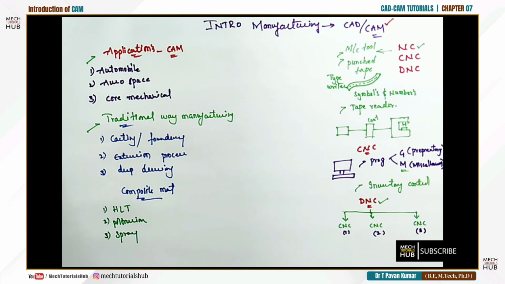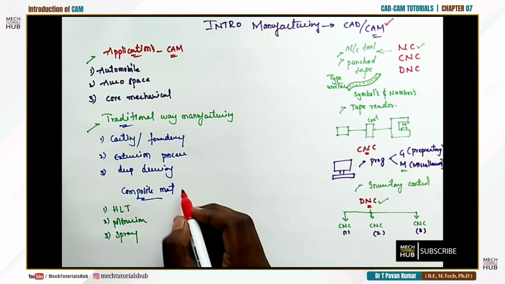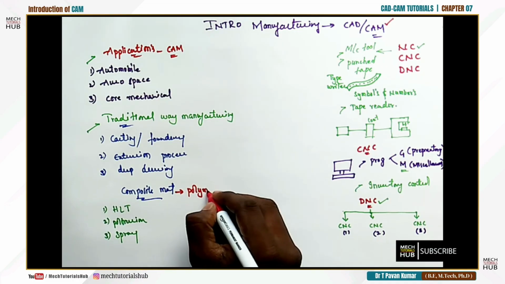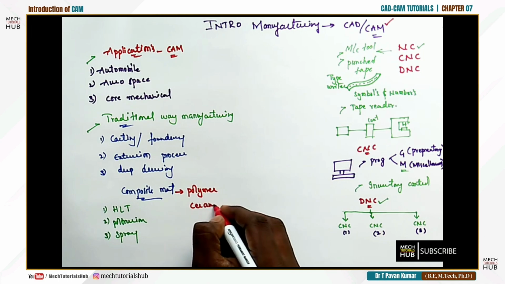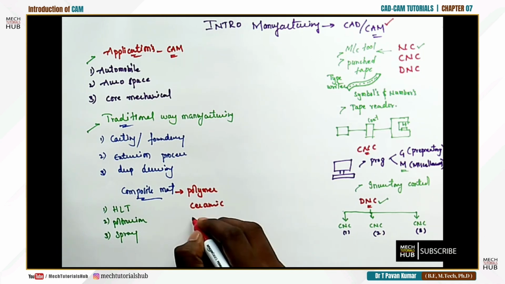You can't fabricate a component by the casting process or an extrusion process in the case of composite materials. Further, there are many other ways already existing. It all depends on the type of composite material you are going to use, whether you are working on a polymer, a ceramic material, or a metal matrix.